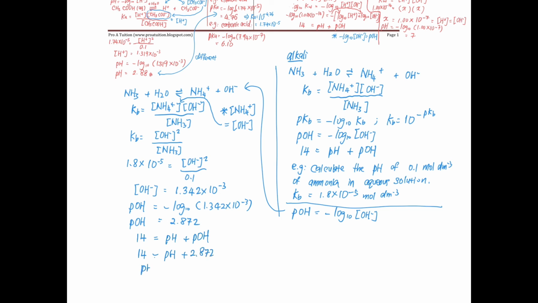Then the pH of ammonia is found: 14 minus the answer, we get 11.1. Let's say I keep it as 3 significant figures, 11.1. Okay, so that is how we do it for weak alkaline. And you will realize the working is more or less the same as the working for the weak acid just now, the ethanoic acid. Okay, so we finish up this page already.